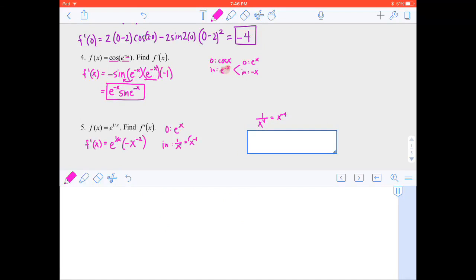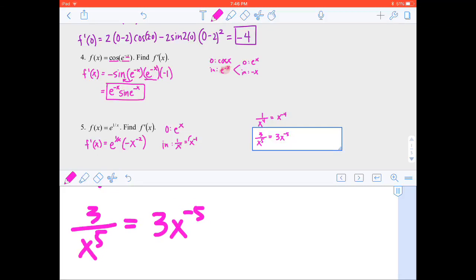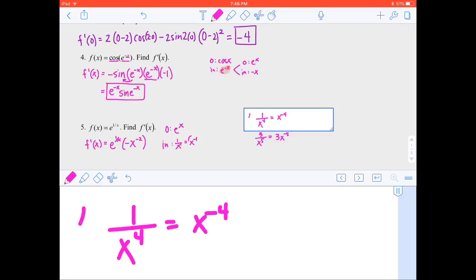If you had something like 3 over x to the 5th, this would be the same thing as 3x to the negative 5th. So you can always take those, turn them into powers, and then you can take the derivative of these pretty simply.